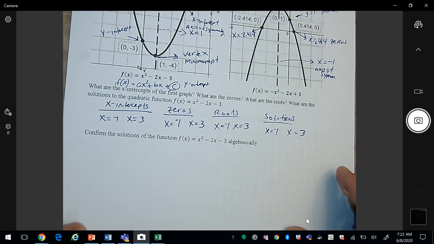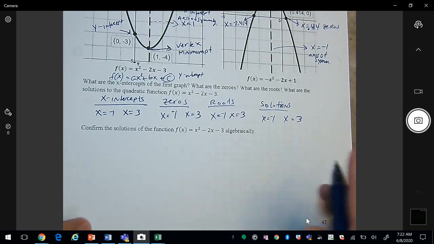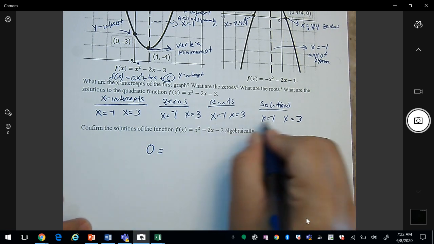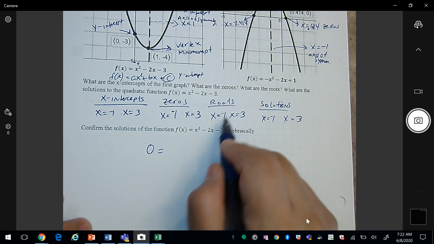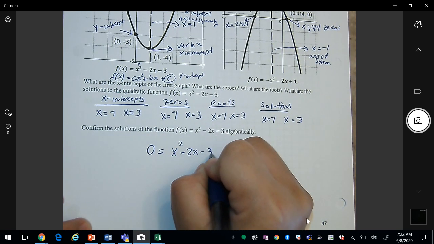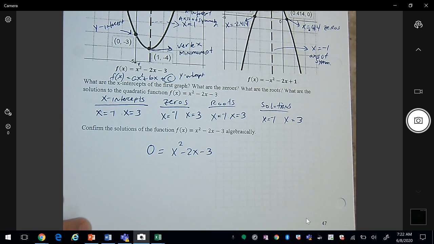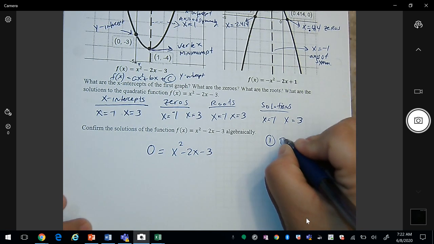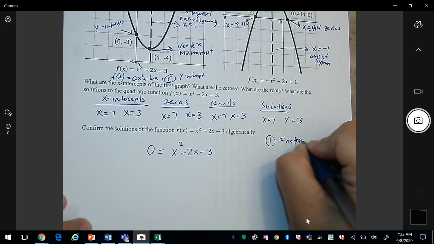Confirm the solutions of the function algebraically. Remember, when you want to confirm algebraically, the solutions are the x-intercepts, zeros, roots. That means that y is equal to 0. We have some options here. Whenever it's quadratic, number 1, you can factor.